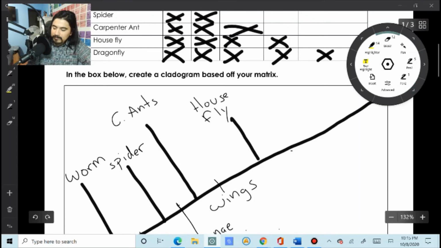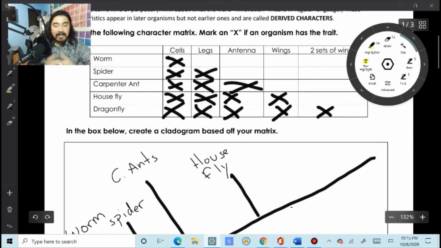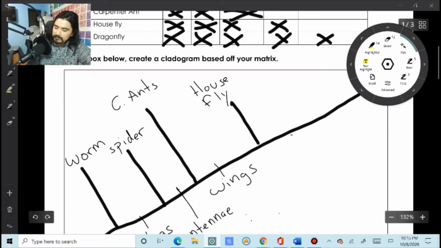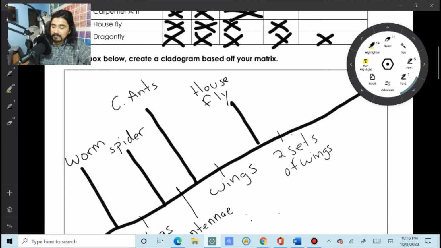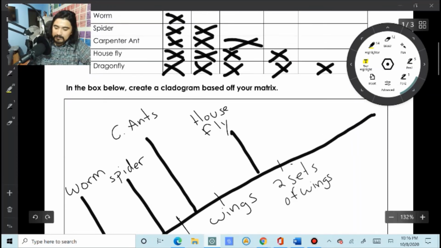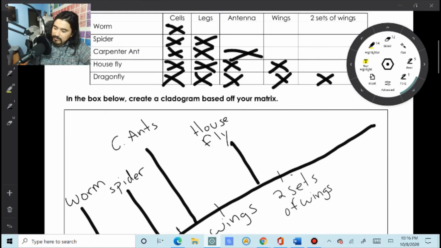Now, think about it: what is a characteristic after wings? Two sets of wings. And as we already figured out, flies do not have two sets of wings. So that characteristic developed after houseflies, and it's going to go right after houseflies. And what is the only organism that we know that had two sets of wings? Dragonflies. So dragonflies are going to go at the very end of our tree.